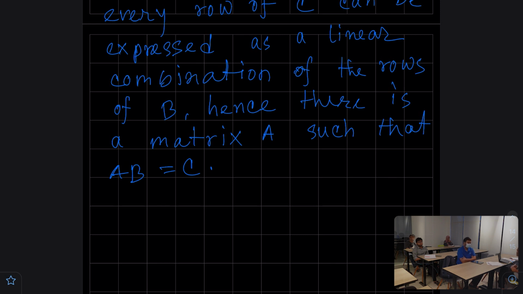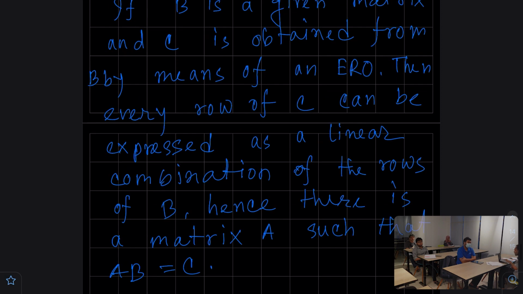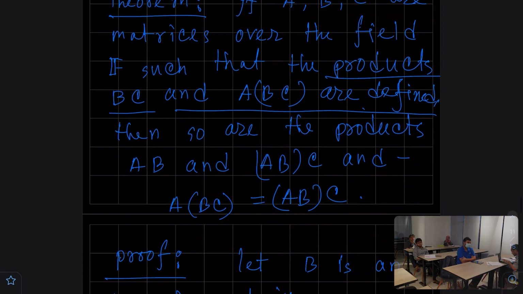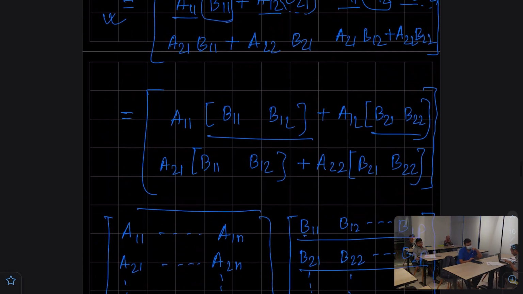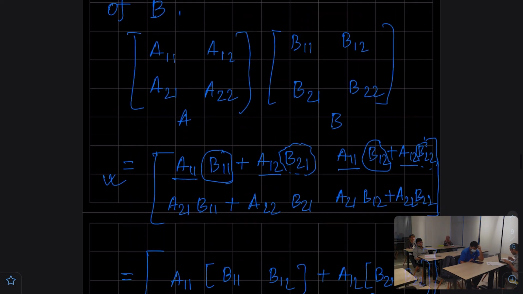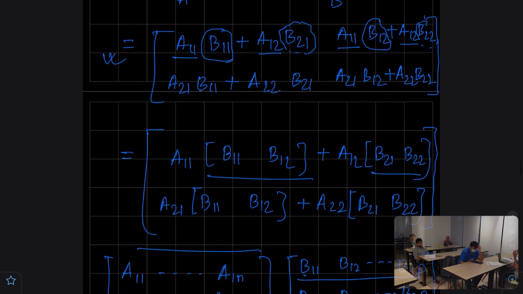We know that, right? And in this section, we saw that matrix multiplication can be interpreted as a linear combination of the rows of the second matrix, right?